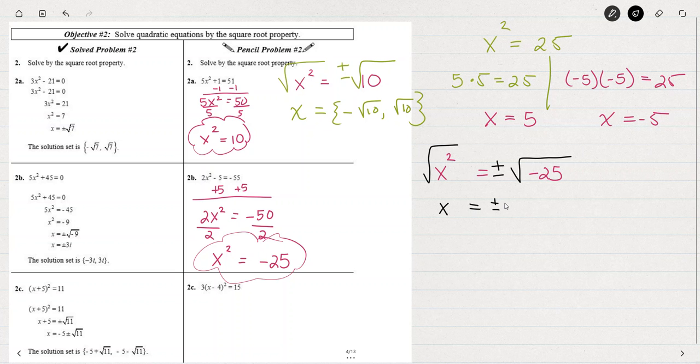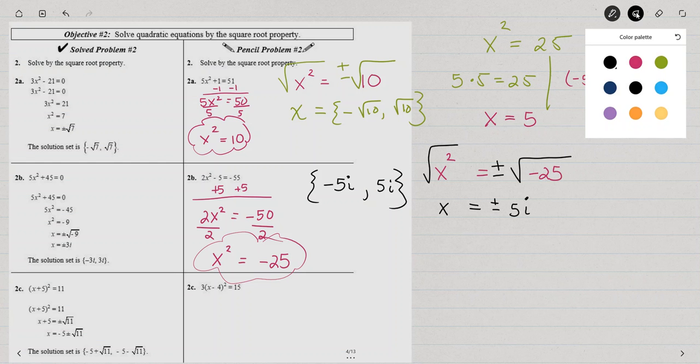The square root of negative 25, you remember from complex numbers, our last video, if you skipped the last video, the 2 videos for 1.4, maybe go back to that because it covers why we have this i, but it's 5i and negative 5i. So if I write the solution set, I could say negative 5i and 5i. Those are the 2 solutions.